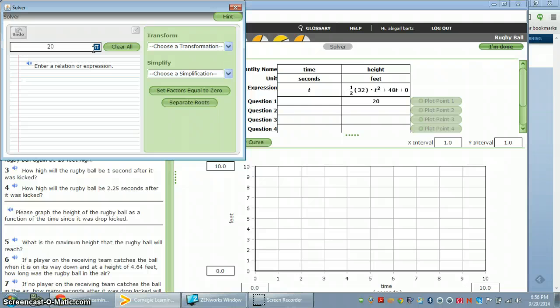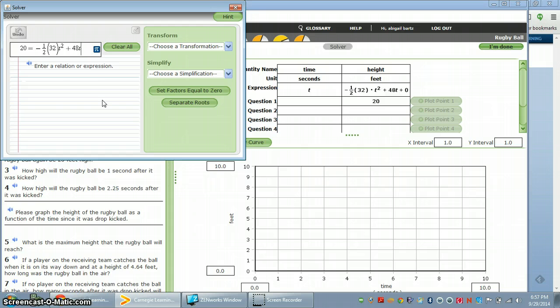Again, I want the height, or it's asking me when is the height 20 feet, and that equals, and then I'm just typing in my expression right here. So the -1/2, 32, and you can use x, you can use t, if you want to use t squared, plus 48t.